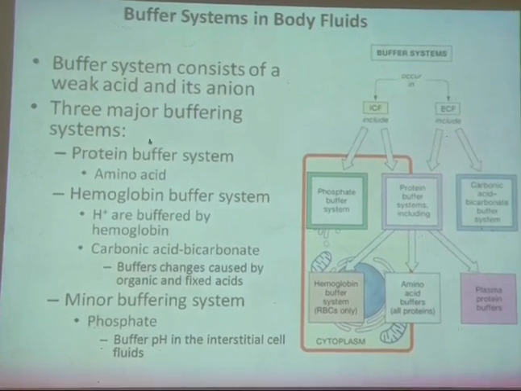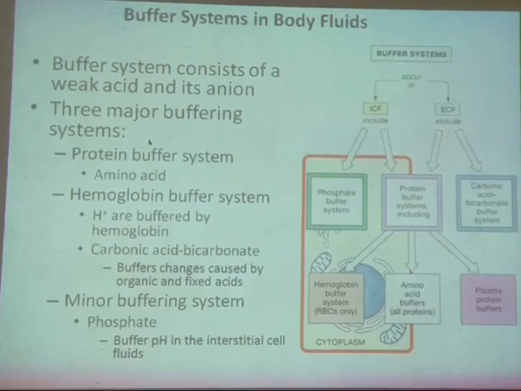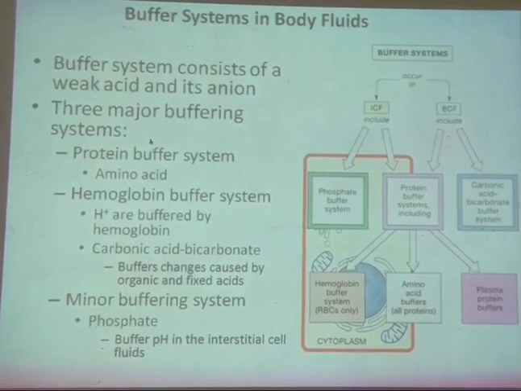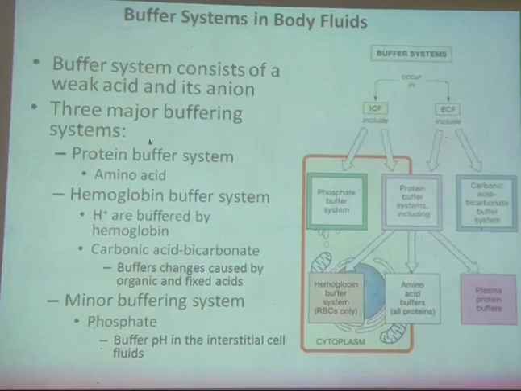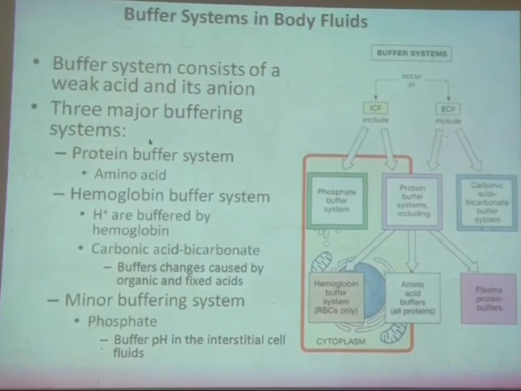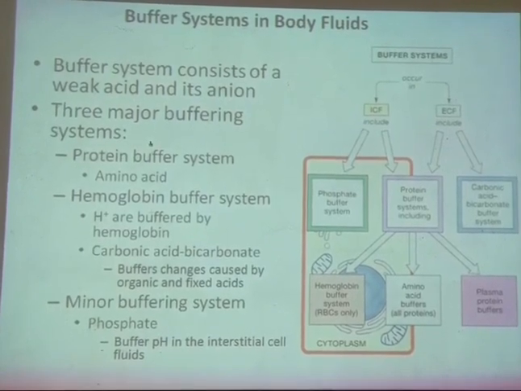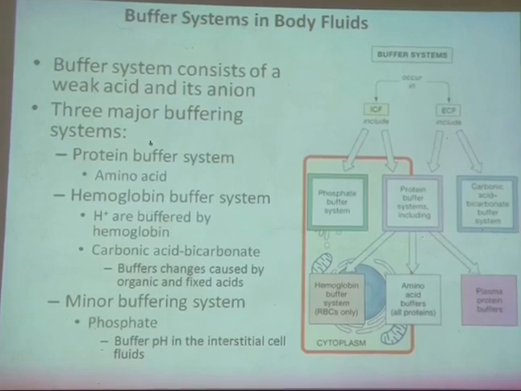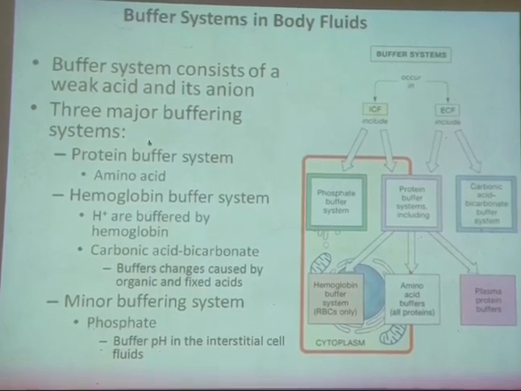And the protein buffer system in the blood, in the plasma, we'll discuss later; the plasma protein can also be considered an extracellular buffer system. In the intracellular fluid, there are two different buffer systems: the phosphate buffer system and the protein buffer system.